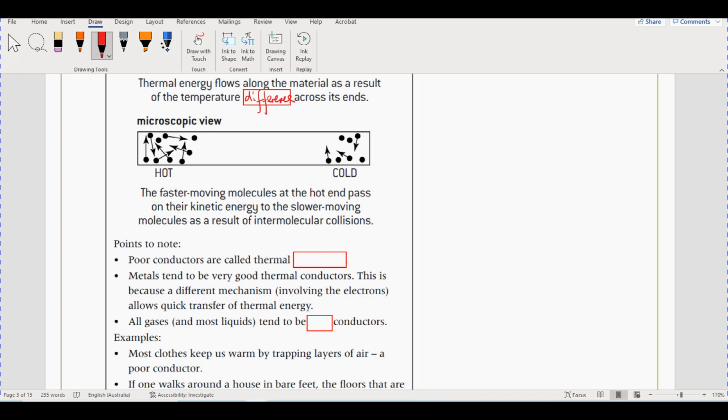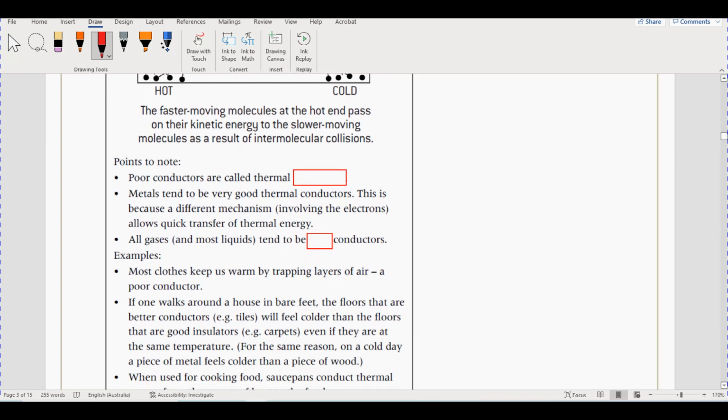You see the longer arrow there, and at the cold end the molecules move rather slowly. When the molecules move rapidly, they collide with each other at high speed, and they transfer that kinetic energy from one end to the other.